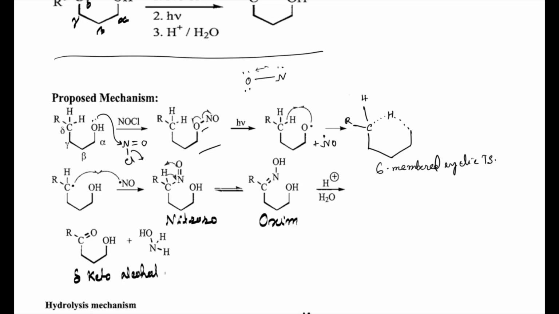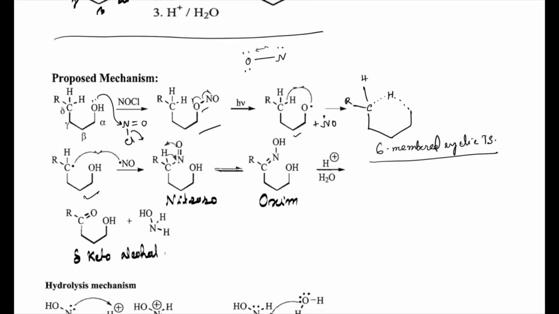Now this radical is converted into another radical via a 6-member cyclic transition state, which is this, and the new radical is formed. Now this NO radical attacks at this radical, and then a nitroso compound is formed, which undergoes nitroso-oxime tautomerization, and an oxime is formed.